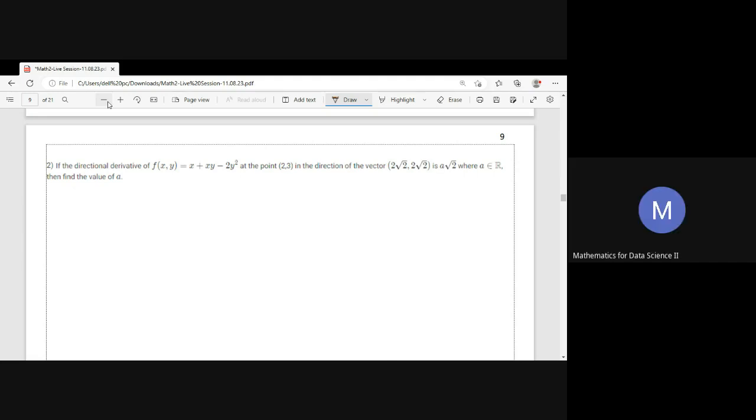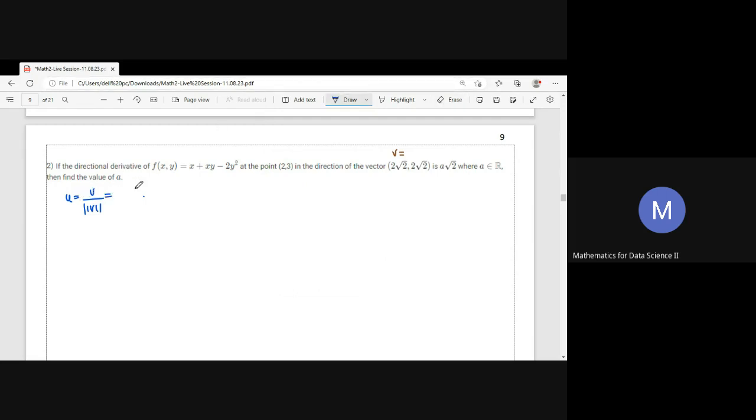What is the norm of this vector given? So this is your v, let us say. Then what is your u? Your u is v by norm v.